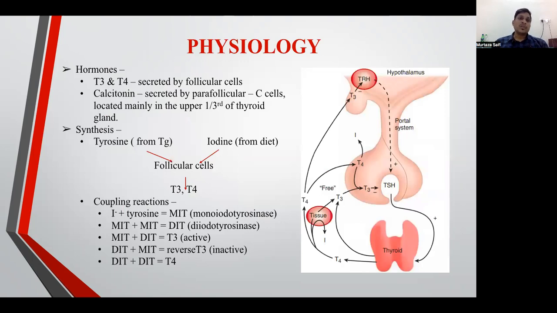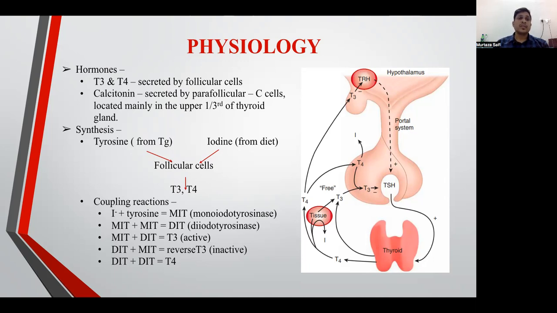Now here is the pathophysiology of the hormones secreted by the thyroid gland. Basically, the main hormones are T3 and T4 secreted by the follicular cells. Calcitonin is secreted by the parafollicular C cells, located mainly in the upper one third of the thyroid gland.